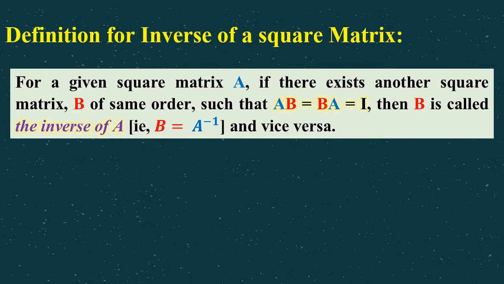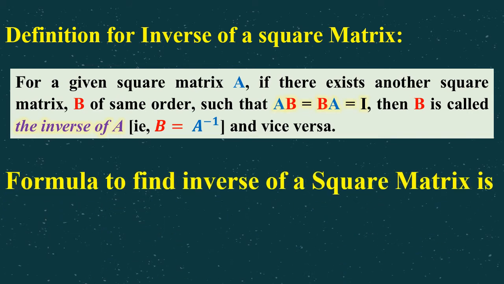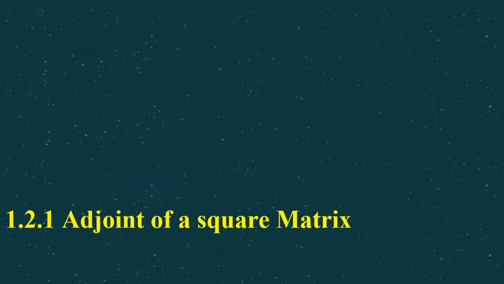That means we can say for B, A is the inverse. For A, B is the inverse. Okay. The formula to find the inverse of a square matrix is A inverse equals 1 by determinant A into adj A. What is adj A? Adjoint of A.